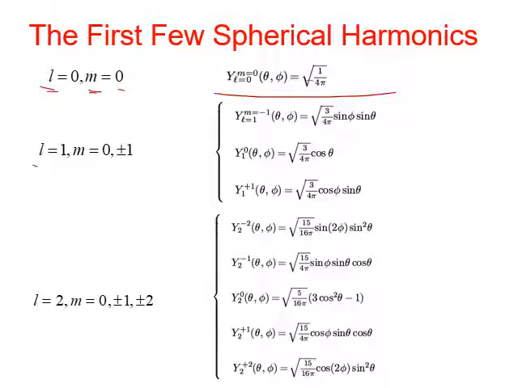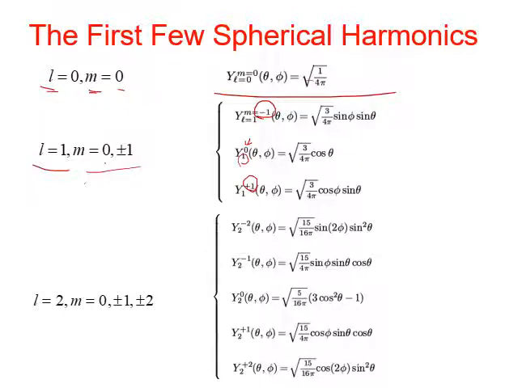Now when l equals 1, m can be 0, +1, or -1. So you have three possible m values, and the combination of these two gives you three wave functions.